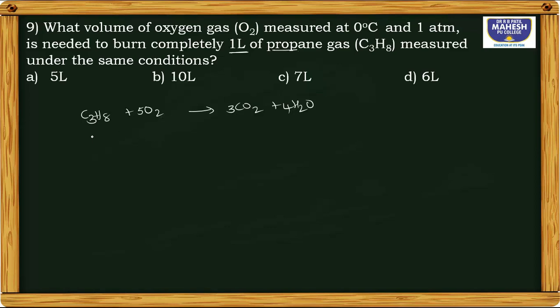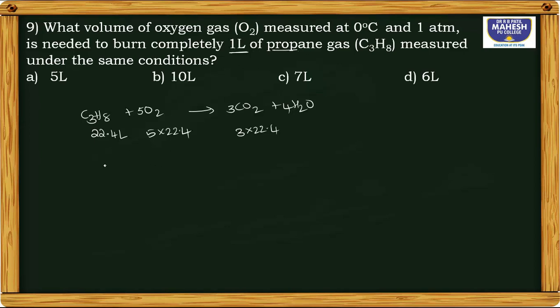All are gases obviously, and here I know that 1 mole, that means 22.4 liters of propane, reacts with 5 into 22.4 liters of oxygen to form 3 into 22.4 liters of carbon dioxide. So they want 1 liter of propane to react.